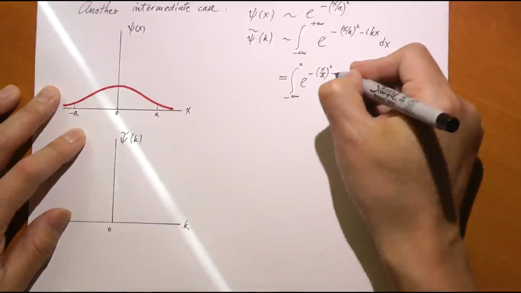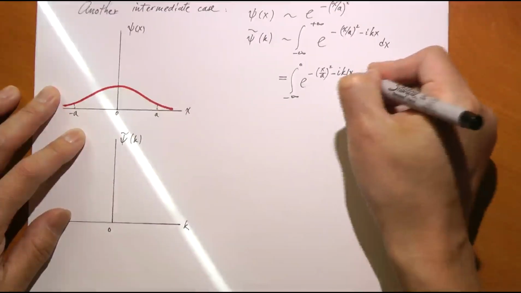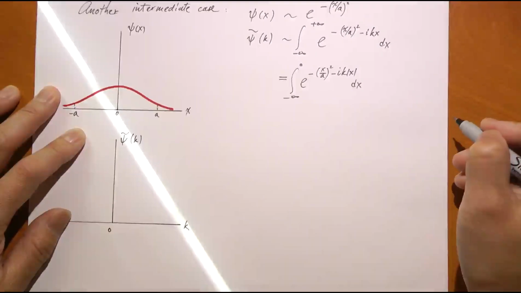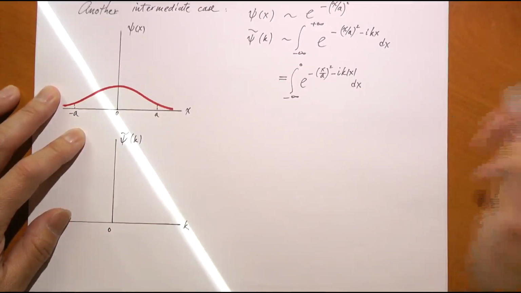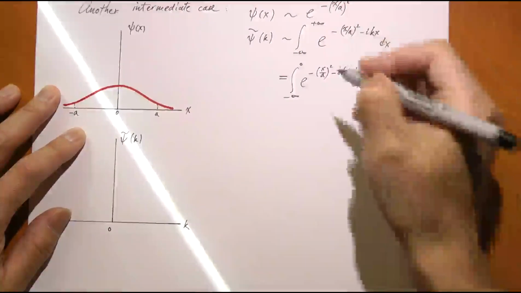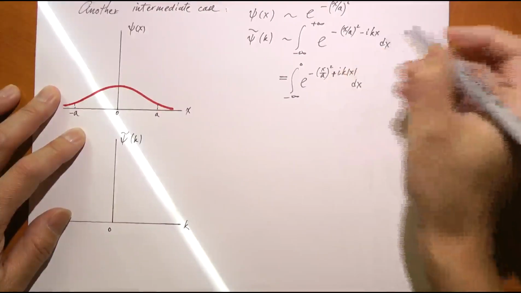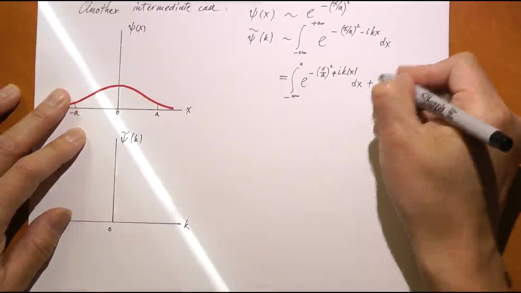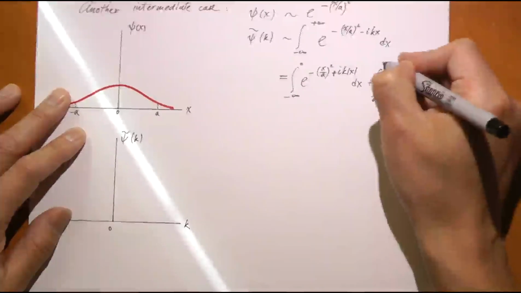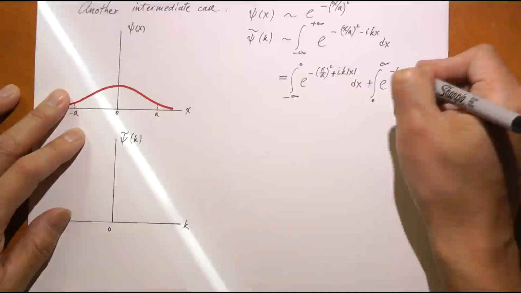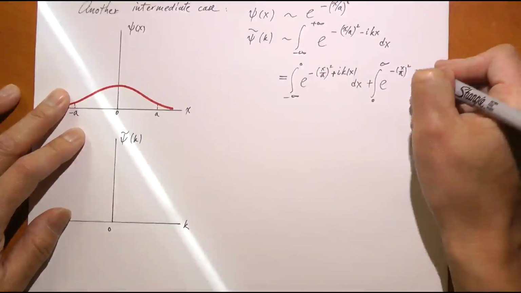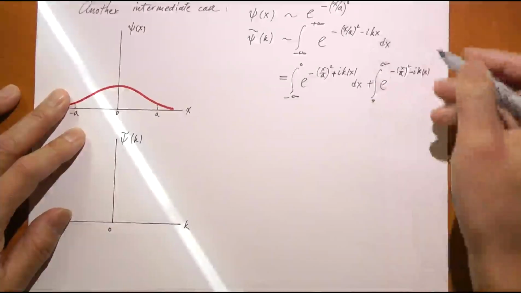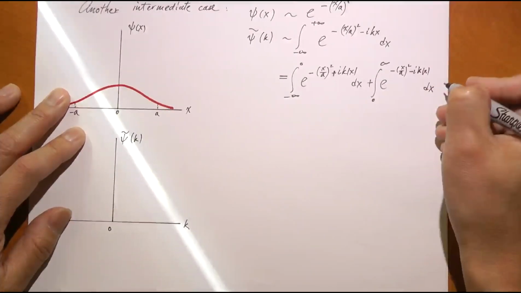So I'm going to write it down as minus i k absolute value of x dx. Well, in fact, no, I should put a positive value here because x itself is negative, so overall I get a positive. And then you go from 0 to infinity, e to the negative (x over a) squared minus i k x. This x is also absolute value because it's positive anyway, dx.